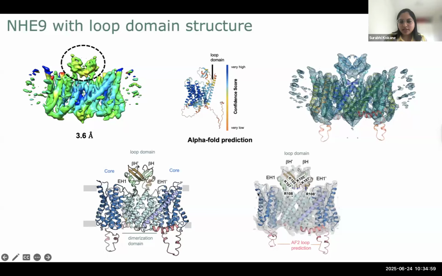And we could interestingly see that the lysines that we found in the sequences cluster towards the dimer interface. So it built a curiosity: what are these lysines and positively charged residues doing at the dimer interface? Further, we tried to resolve the structure of NHE9 with lipids.